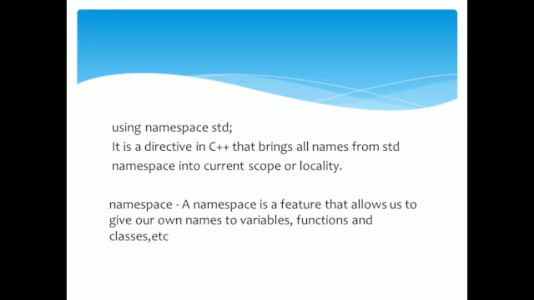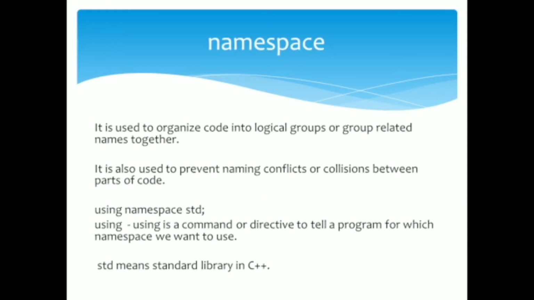A namespace is a feature that allows us to give our own names to variables, functions, and classes, etc. Namespace is used to organize code into logical groups or group related names together. It is also used to prevent naming conflicts or collisions between parts of code.